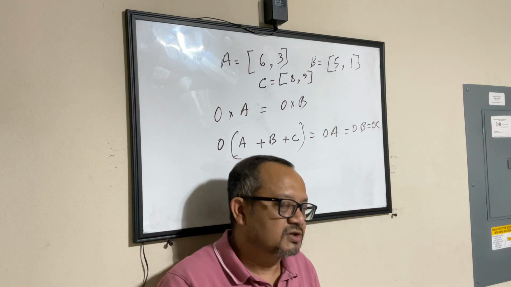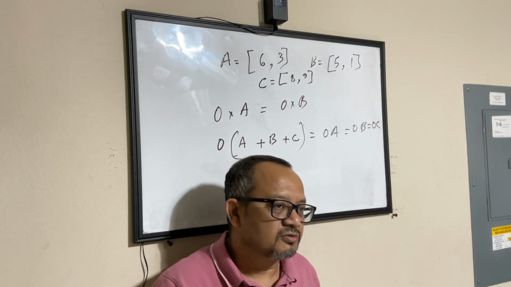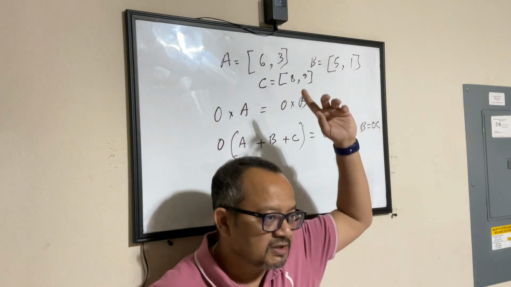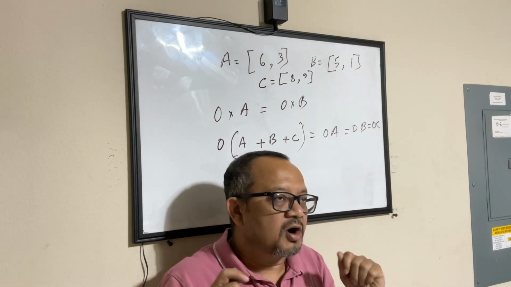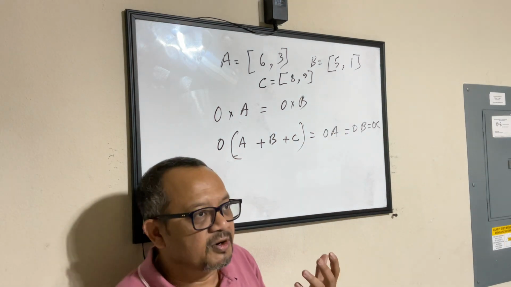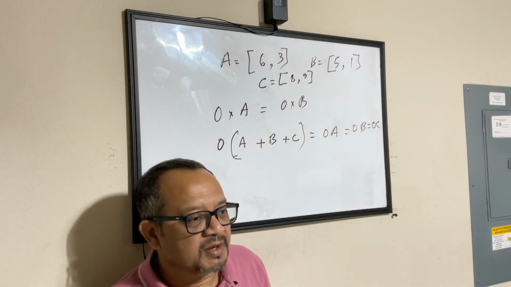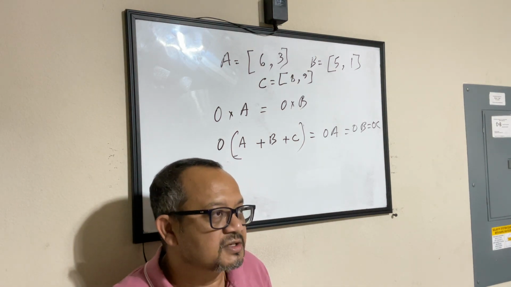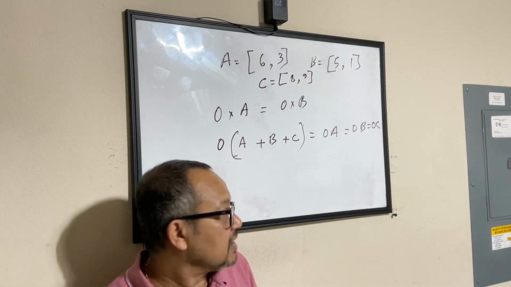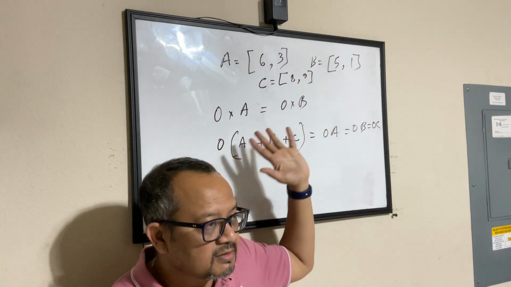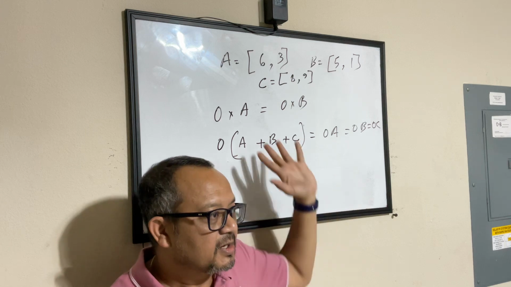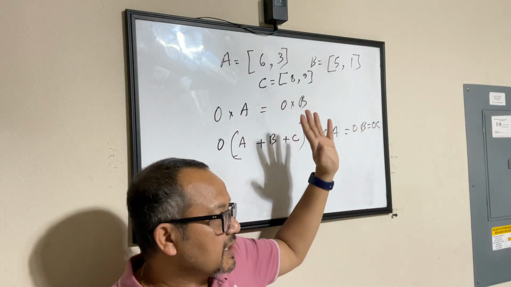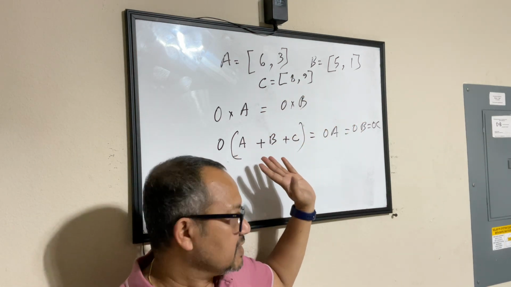Then we looked at the zero matrix and the opposite matrix. And then we looked at properties of addition and subtraction, what we have to keep in mind, whether jumbling the matrices makes any difference or not. Similarly, we looked at some of the properties that come into play while multiplying a matrix by scalar quantities.